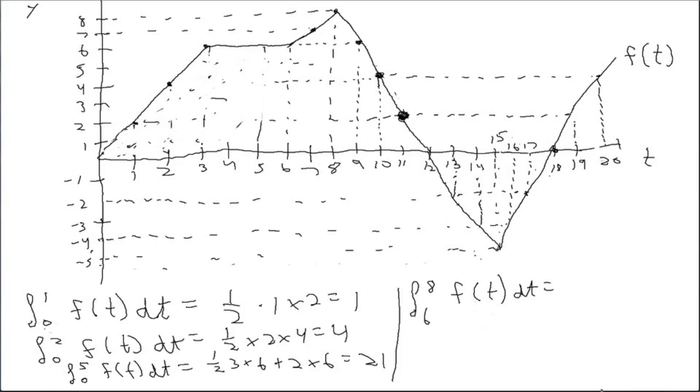So 1/2 of 2 is 1 times 2. So 1. So the area of the whole shape is 13. Okay, so what's your answer? 13. All right. Did you work that out on paper? Yep.